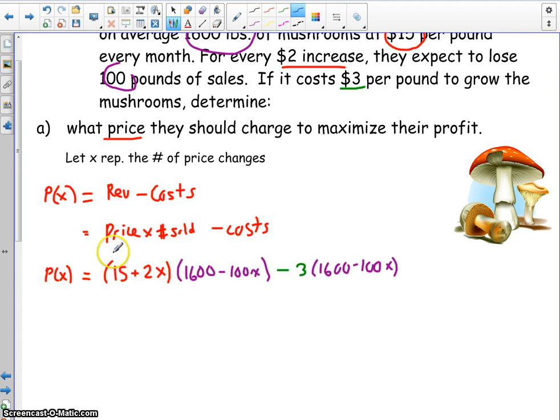You might notice here that we have our revenue and our costs, and each of them has this 1,600 minus 100x factor inside. So we can take that out as a common factor, and once we take that out, what's left over isn't too bad to deal with. So you've got 1,600 minus 100x, and what's left over here is the 15 plus 2x from here.